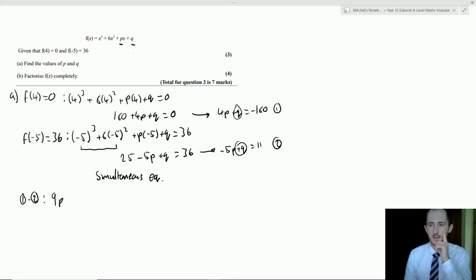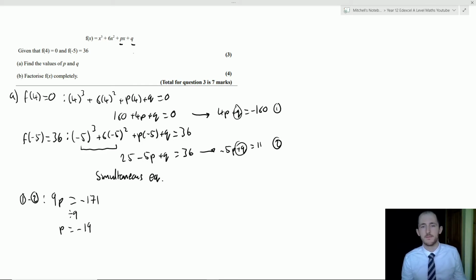Q minus q is nothing, so that equals, with minus 160 minus 11, minus 171. So now all we need to do is divide both sides by 9, which is minus 19. Okay? Is everyone with me so far? Okay, so I think that's fine.